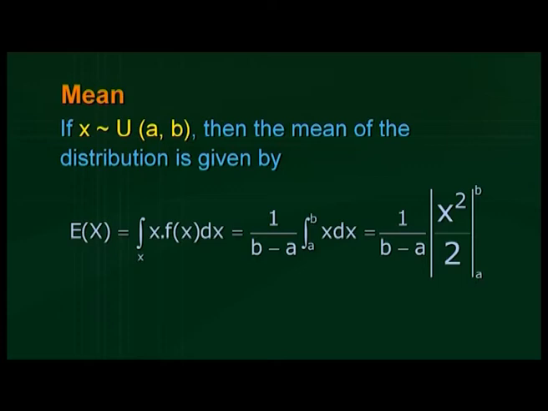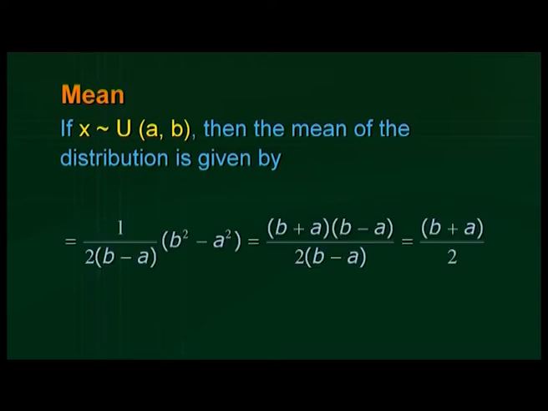By integrating, we get 1 divided by b minus a into x square divided by 2 ranges from a to b. This is equal to 1 divided by 2 into b minus a into b square minus a square. On simplification, we get b plus a divided by 2.